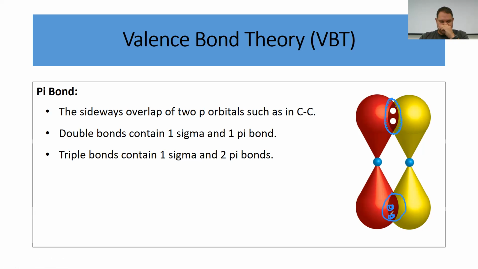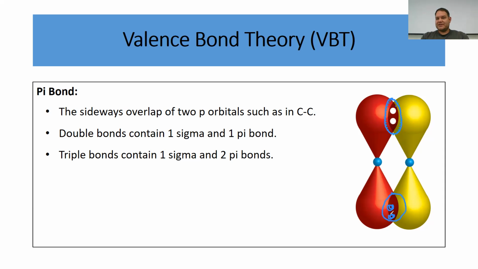Now some more information. We only find pi bonding occurring in double bonds or in triple bonds. We said that a single bond only has a sigma bond, head-to-head overlapping. But a double bond contains both a sigma, head-to-head overlapping, and one pi bond, side-by-side overlapping.